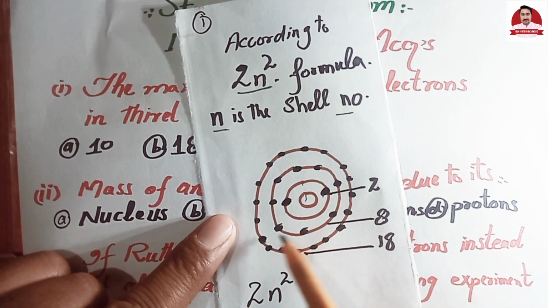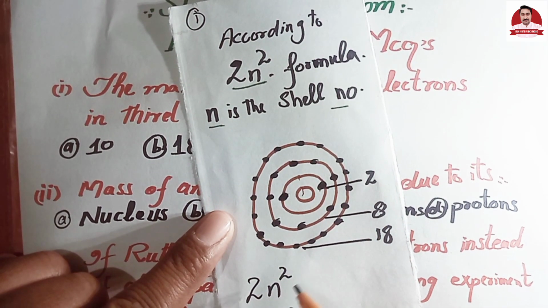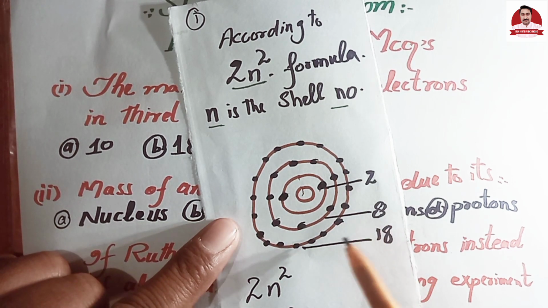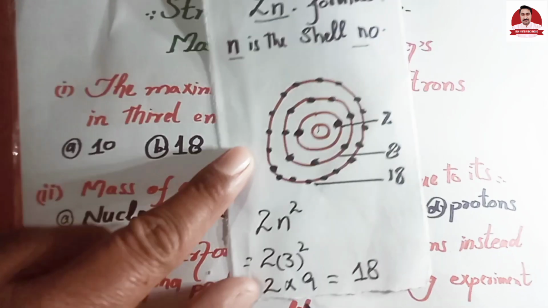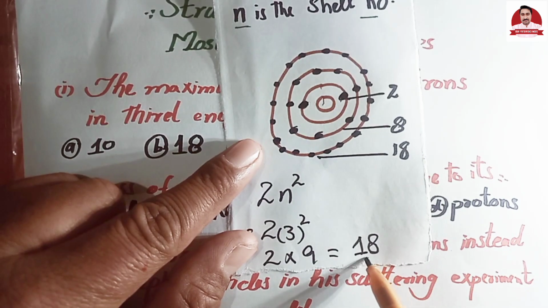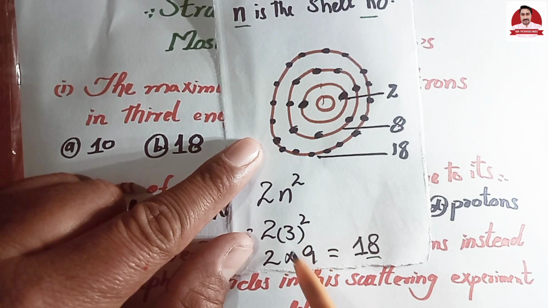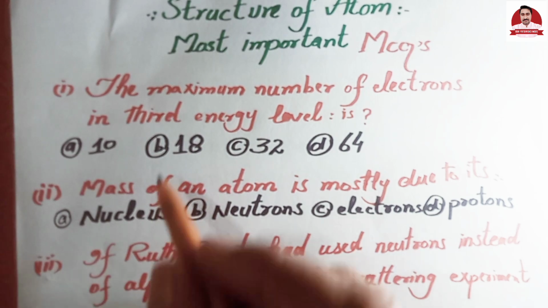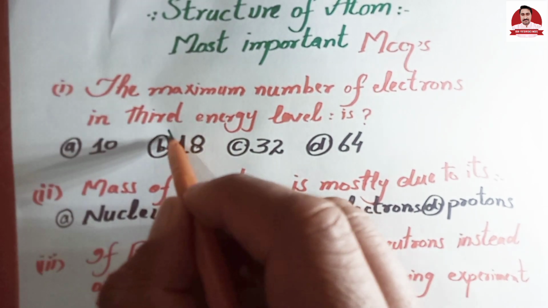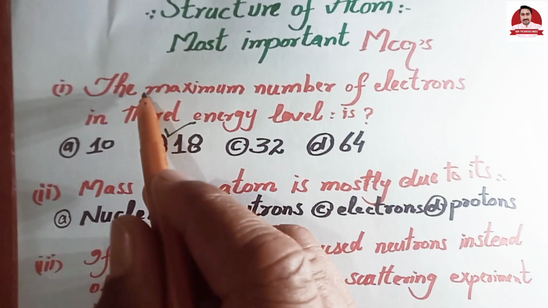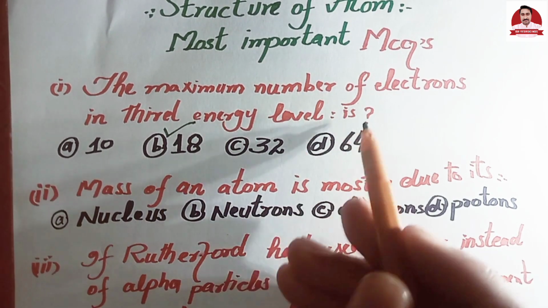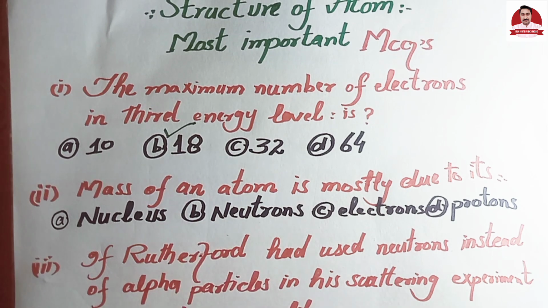The second shell has a maximum of 8 electrons, while in the third shell the maximum number of electrons is 18, as we calculated here. So option B is correct: the maximum number of electrons in the third energy level is 18.